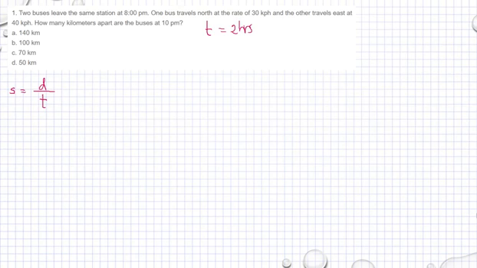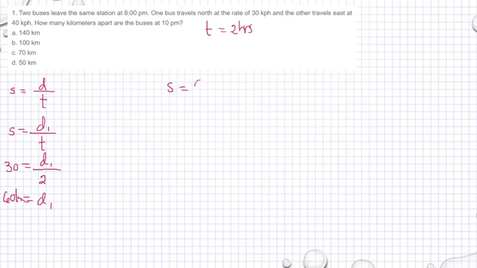So for the distance of bus one, the speed of the first one is 30, the distance we don't know yet, and then we have 2 hours. That means the distance is 60 kilometers.